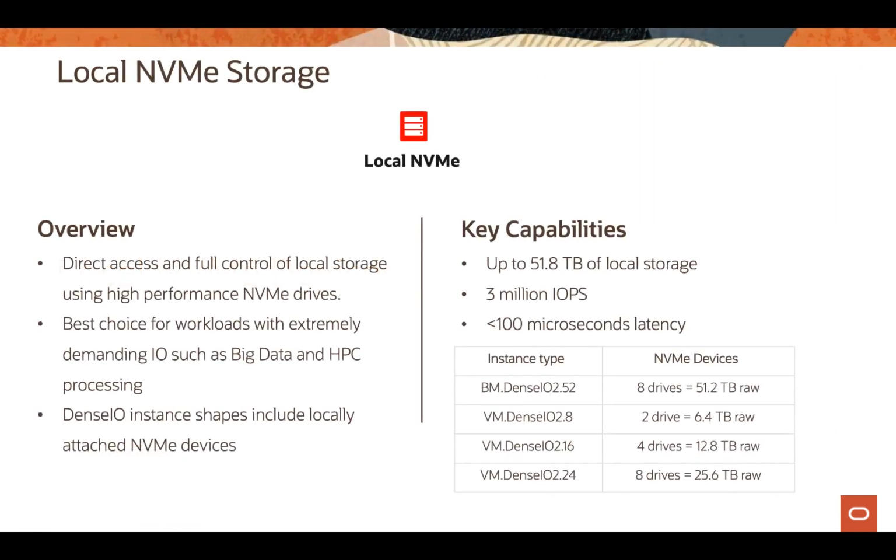So just to give an overview, local NVMe is available, of course, in OCI. You can get access to local NVMe based on the shape that you actually deployed inside of OCI. So if you pick one of the dense I/O shapes, so every shape that's called dense I/O will have a local NVMe device associated to it.